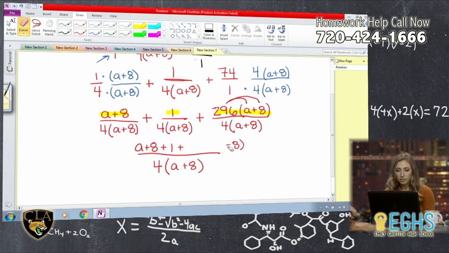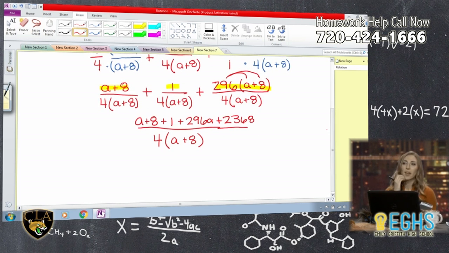So the 296 times a will just give you 296a, and then the 296 times 8 is going to give us 2,368.